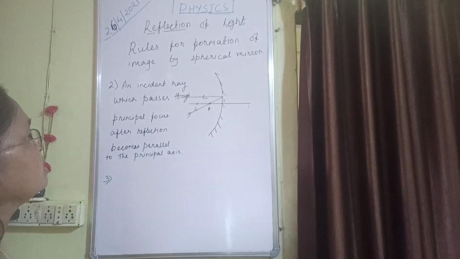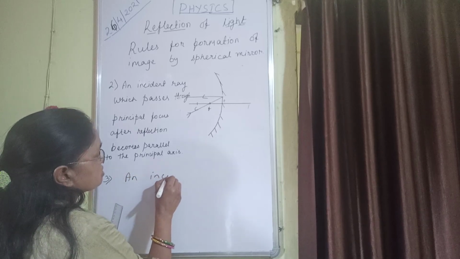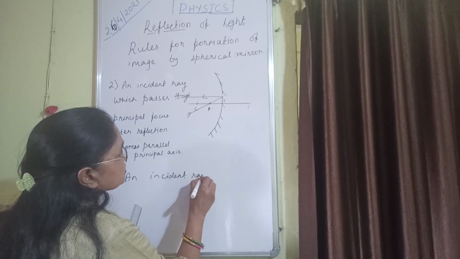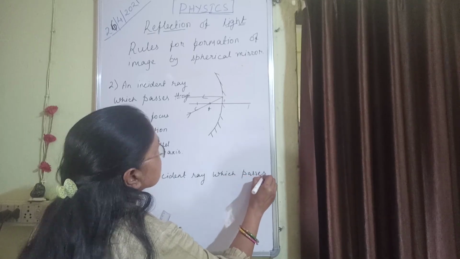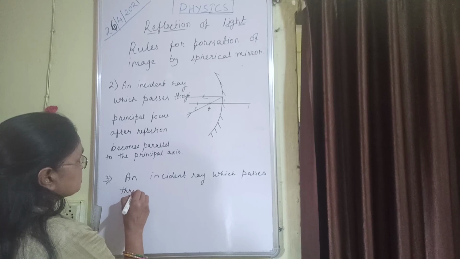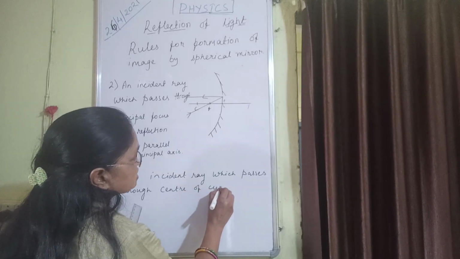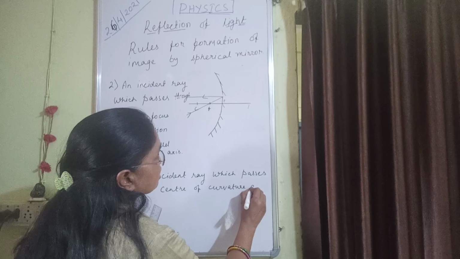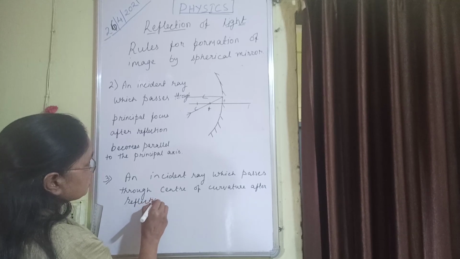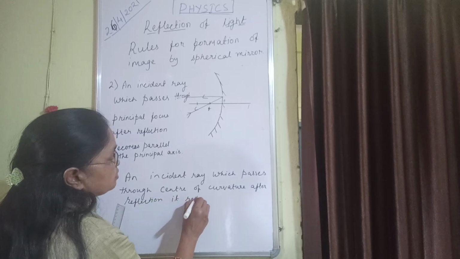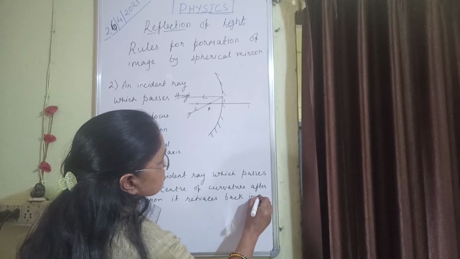The easiest one is the third rule: an incident ray which passes through center of curvature, after reflection it retraces back in its own path.